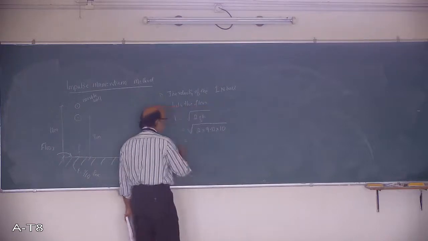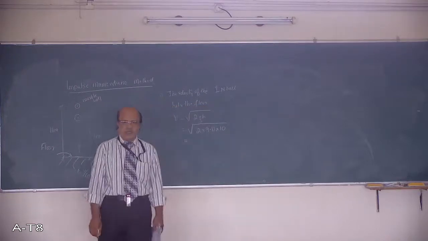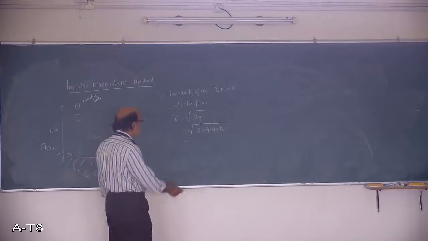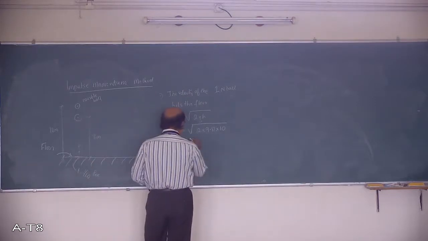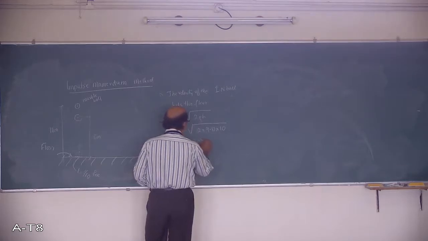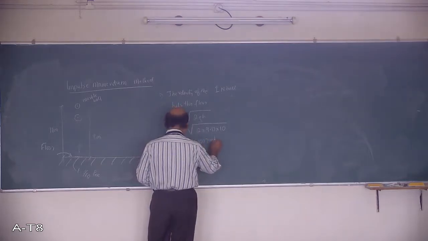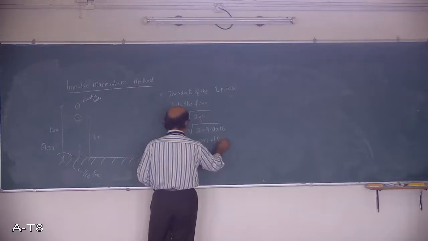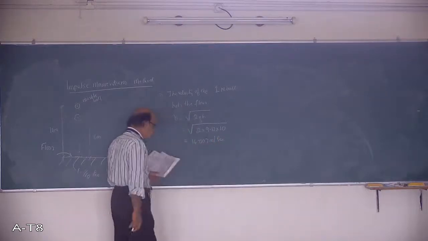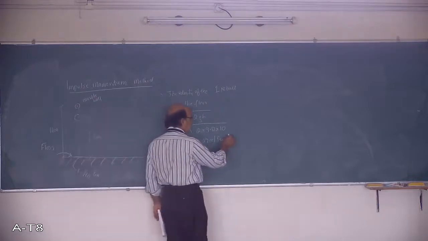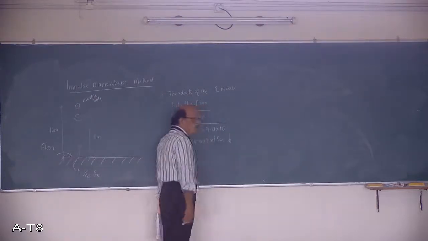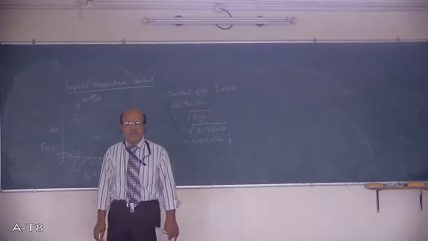You will get the velocity, which works out to around 14.007 meters per second. That is the velocity with which it hits the floor, in the downward direction.